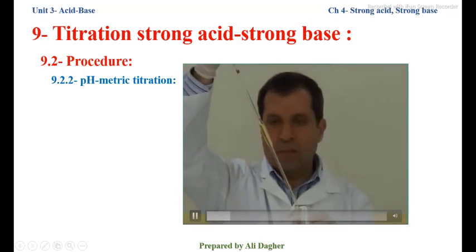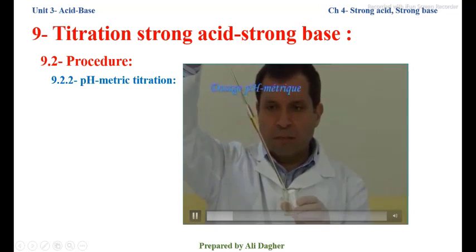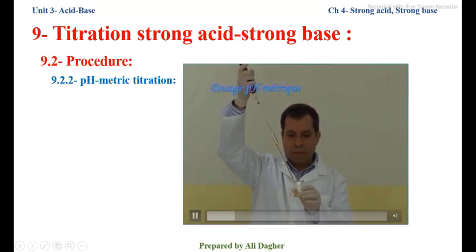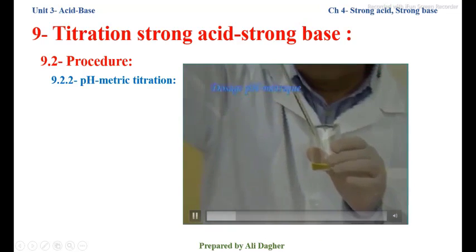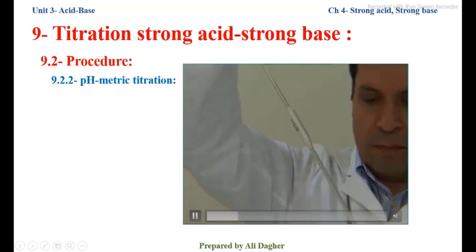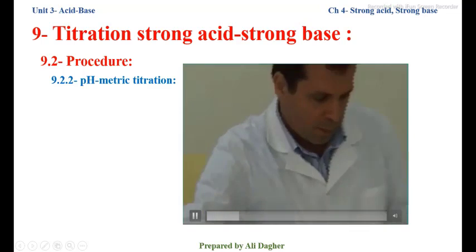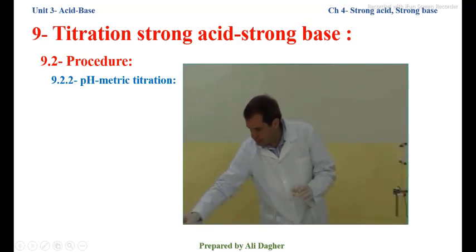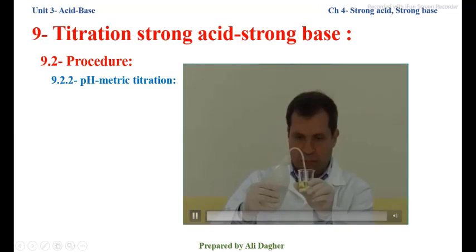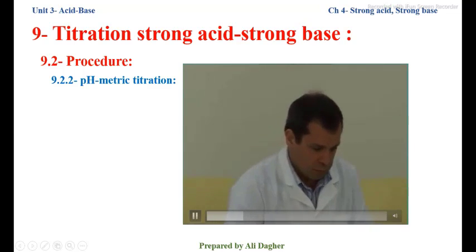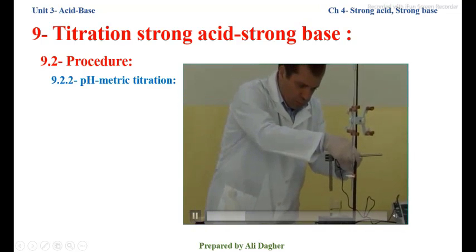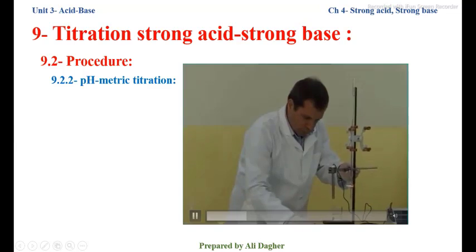First, using a 10 ml volumetric pipette with pipette filler, we take 10 ml of the acid solution. We add a magnet, then we add distilled water to the beaker in order to immerse the electrode of the pH meter.